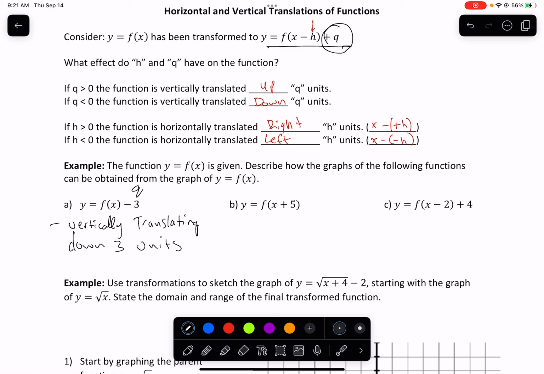Doesn't matter what it is. That's why we like this, right? Doesn't matter what the function is if it's just an assortment of points on a grid. f of x is something. What is it telling you to do to the something? We're horizontally translating to the left 5. Everyone agree? Whatever it is, it's all moving to the left 5, right?